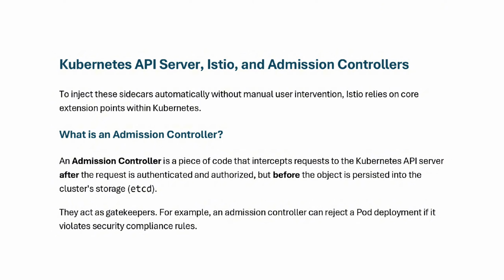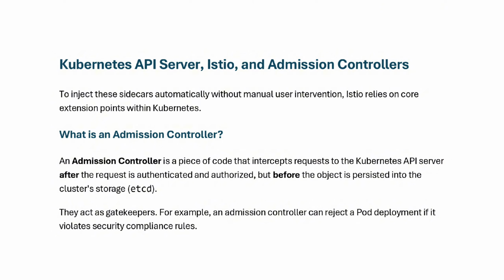So I mentioned before about interception and redirection. The Kubernetes admission controller is responsible for making that work, as an admission controller is a piece of code which intercepts requests to the Kubernetes API server after the request has been authenticated and authorized, before the object is stored in the cluster's etcd storage.